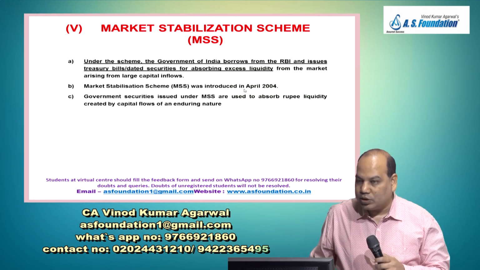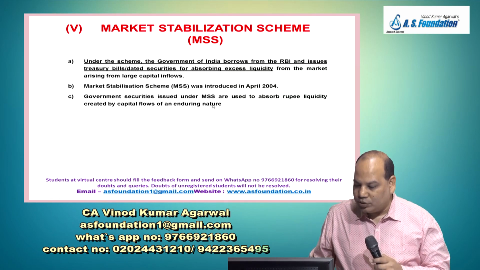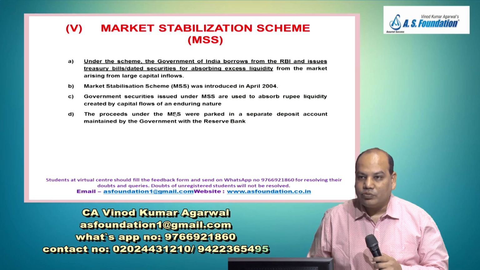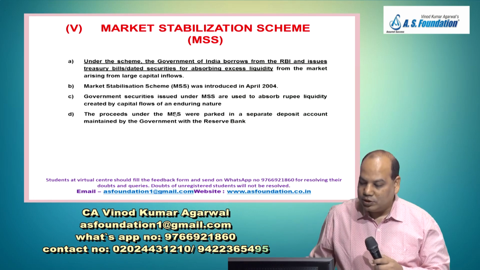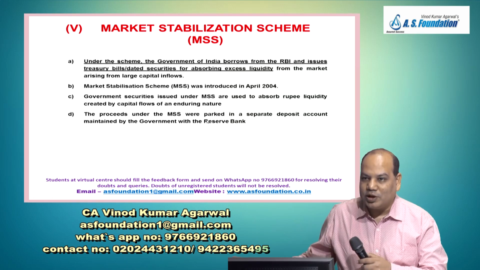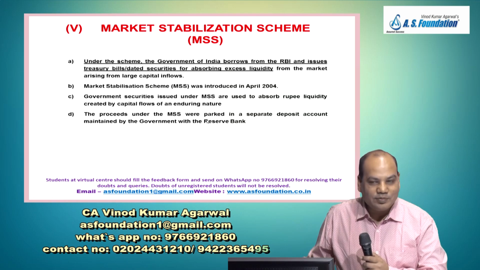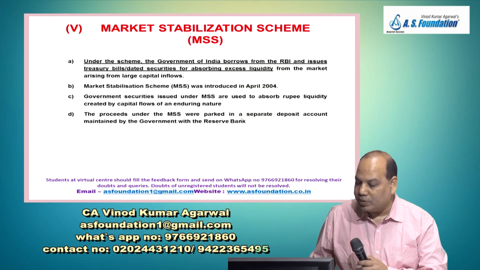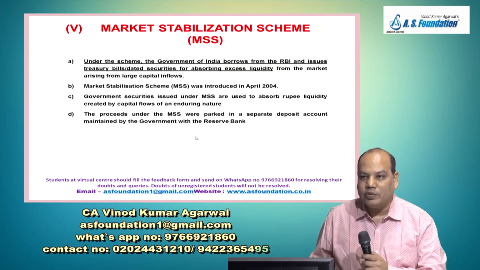It was introduced in April 2004. Government securities issued under MSS are used to absorb rupee liquidity created by capital flows of an enduring nature. So if there is a lot of cash flow in the market, the government knows that this might cause inflation, so that excess liquidity is absorbed through the MSS scheme. RBI will sell it to the commercial banks and they will try to remove the excess liquidity. The proceeds under MSS were parked in a separate deposit account maintained by the government with the RBI.